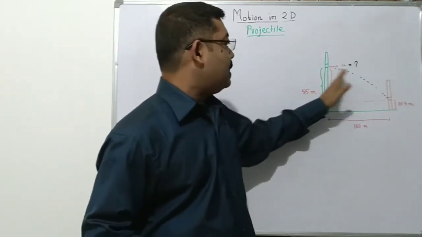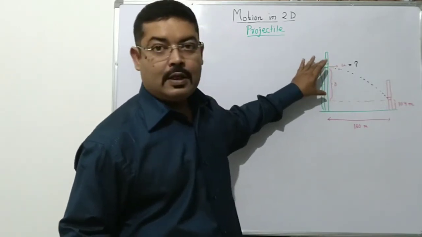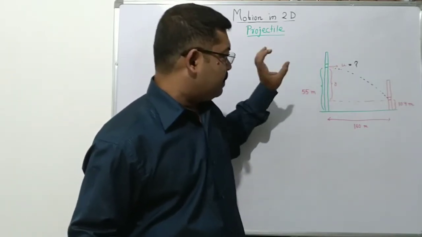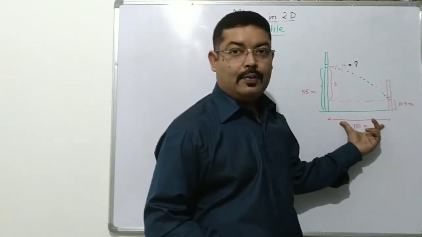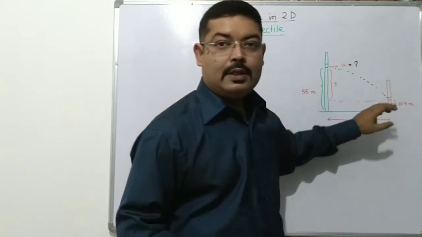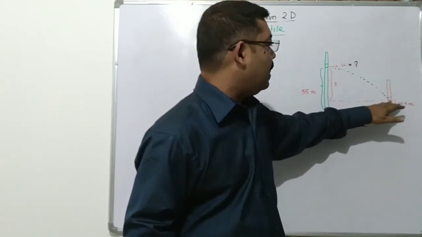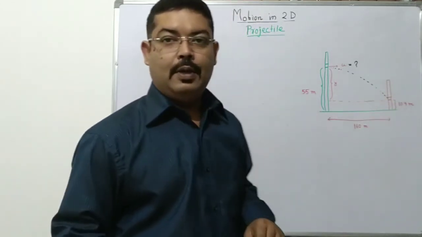If it moves faster, that is to say the time taken to travel the distance y is shorter than the time taken to travel the distance 180 meters, then the object would have gone downwards and it would have missed or hit the building at a point lower than the window, or maybe it would have fallen to the ground before it reaches the other building.